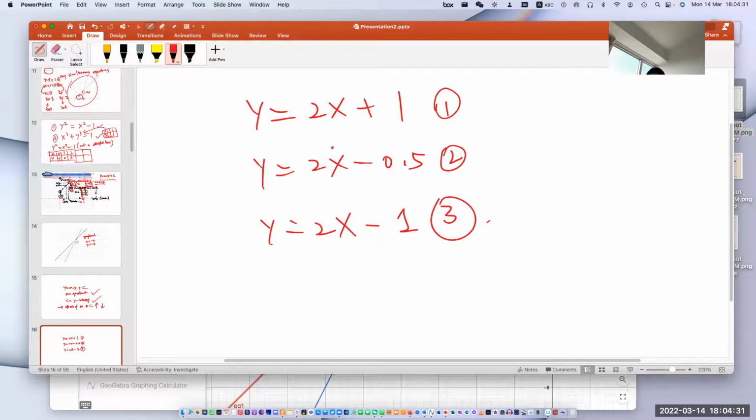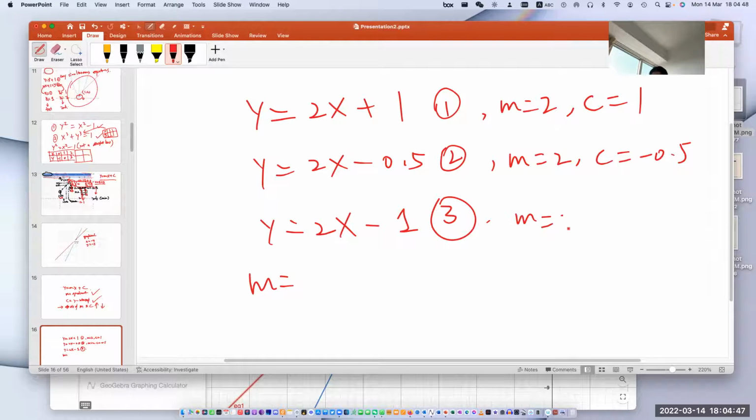So what is the commonality? Okay, what's the commonality among these three equations? So this is m equals to 2, c is equal to 1, this is m equals to 2, c is equal to negative 0.5, so this is m equals to 2, and then c is equal to negative 1. Okay, so the commonality among these three equations is the gradient are the same, or 2.